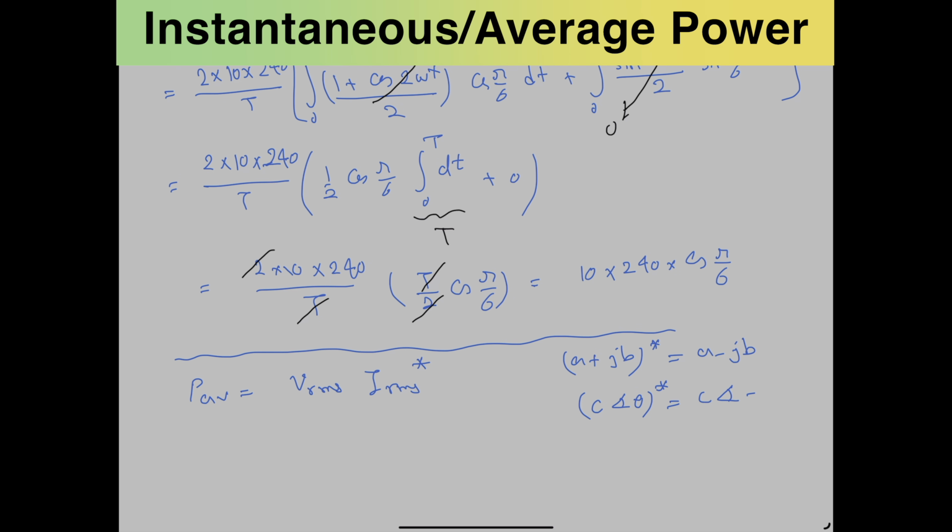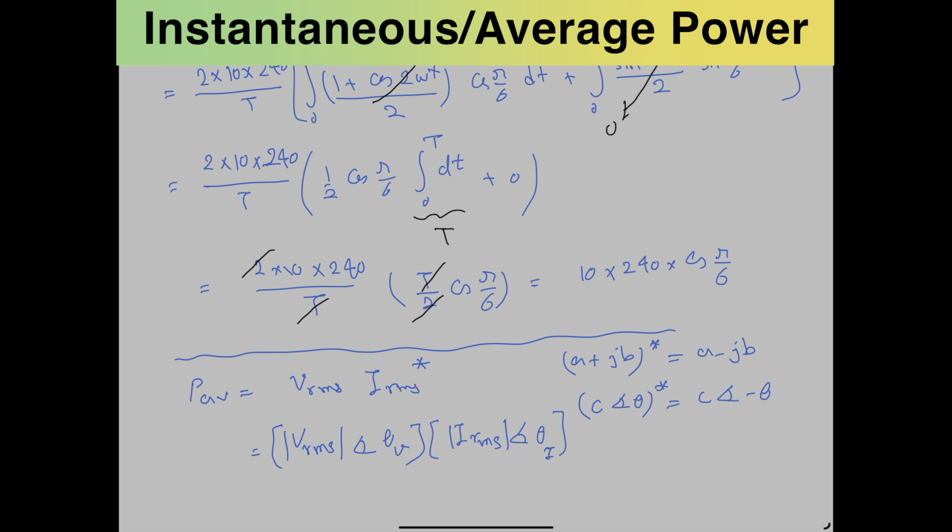However, the phase is going to be negative. In this sense, we can write down VRMS as the value with an angle of theta V times IRMS as the absolute value with an angle of theta I.